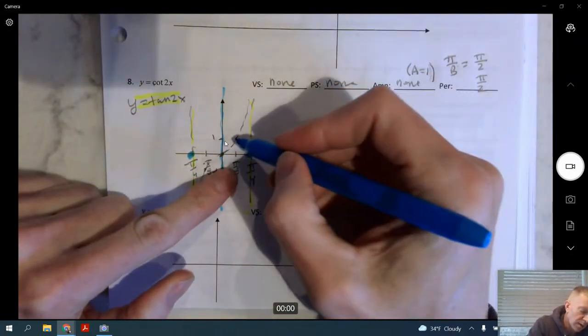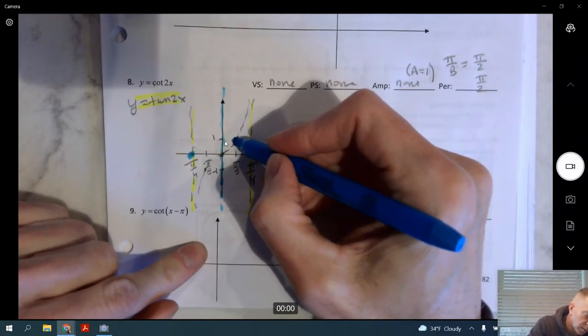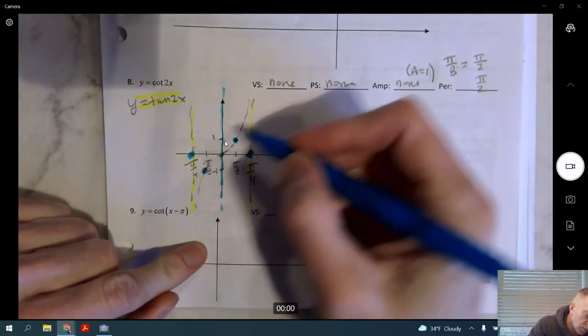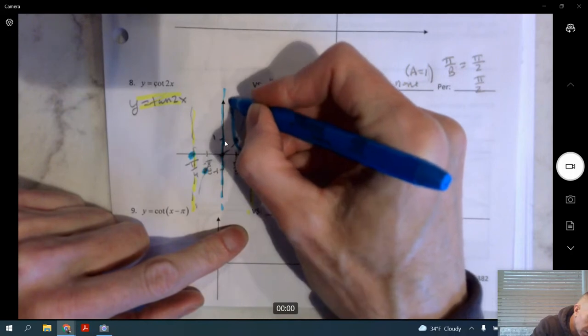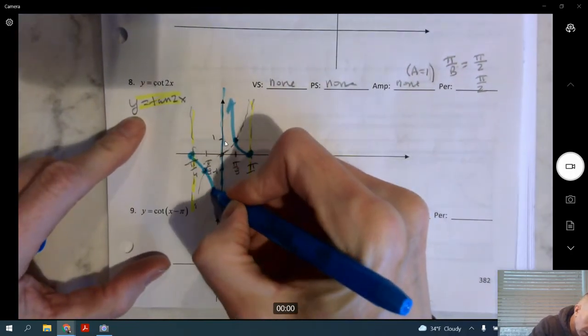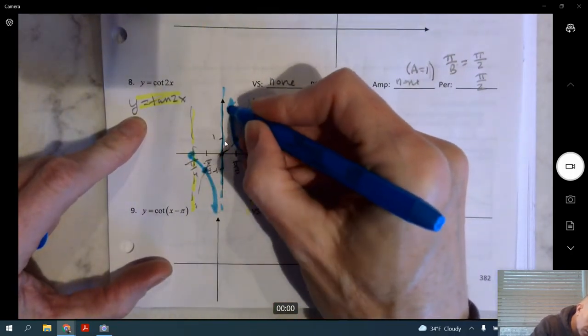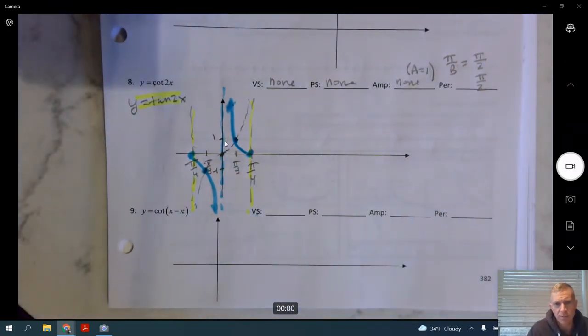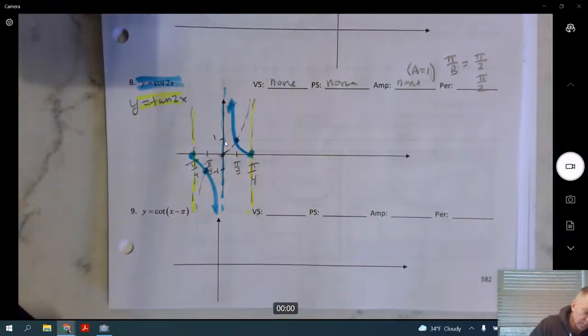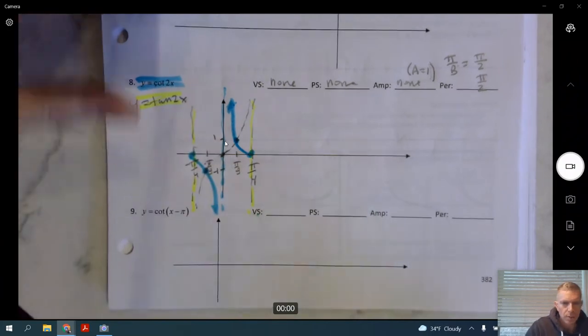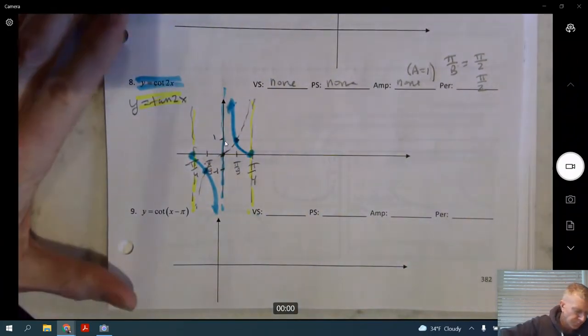And where my y value is 1, the reciprocal is 1. So at these quarter marks, those will be on both graphs. And that's really all you need for one full cycle of the cotangent graph, and that's this one. Okay, we will do one more down at the bottom.